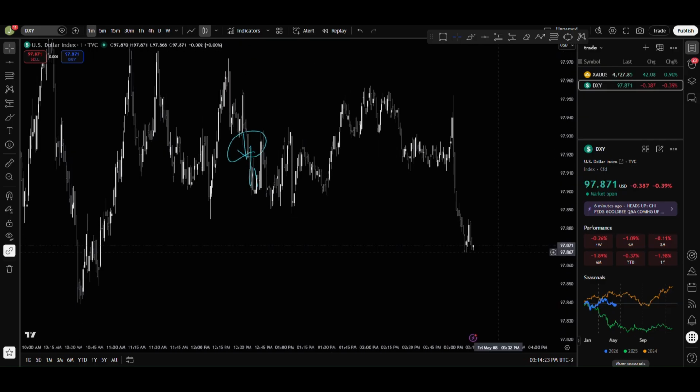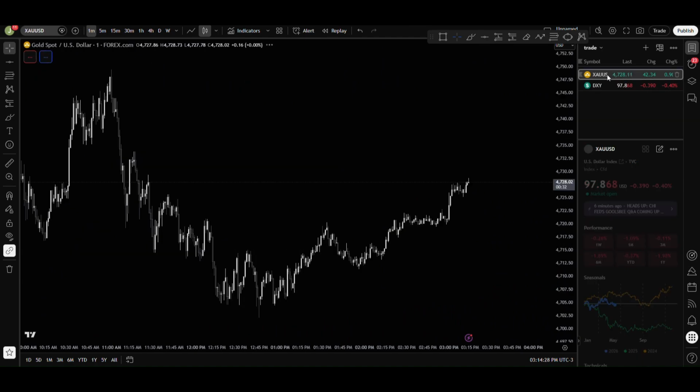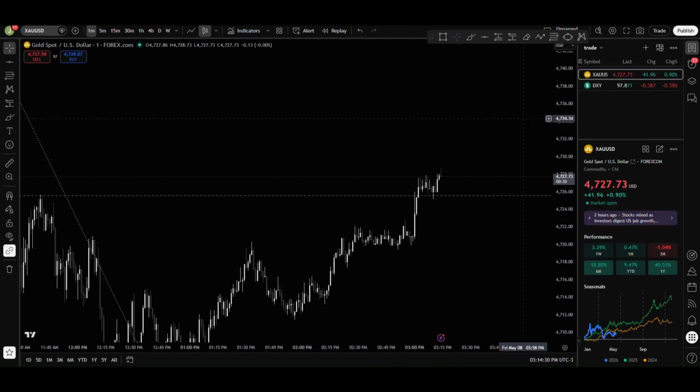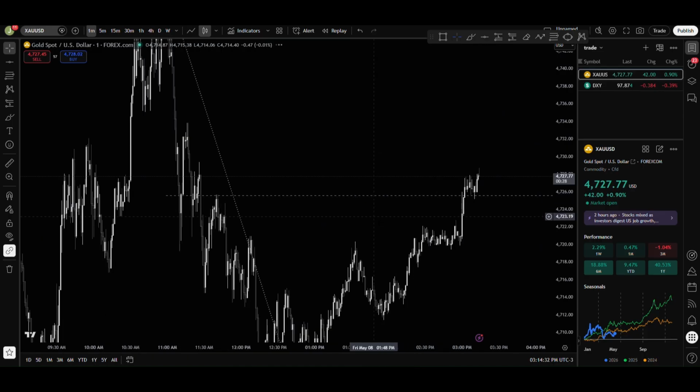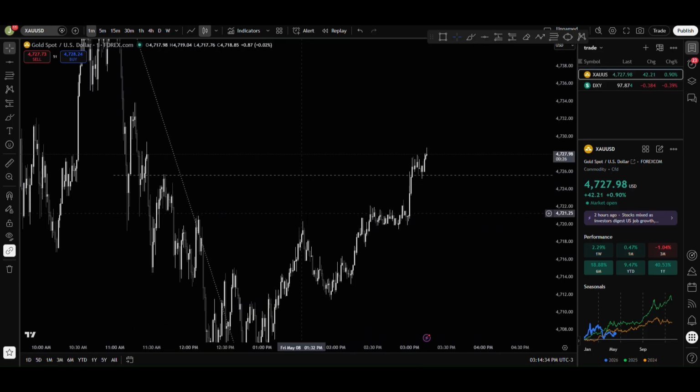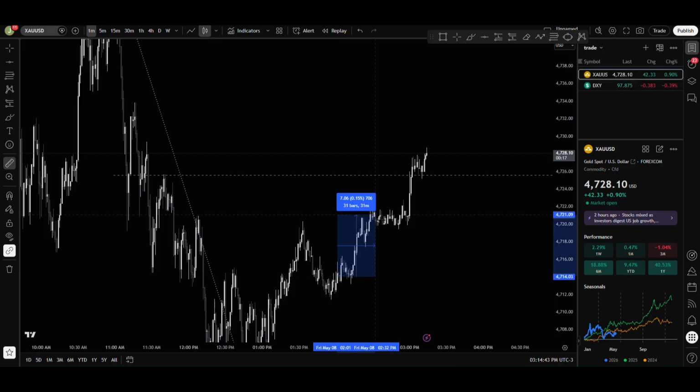DXY is not really reacting the best. What's our frequency? Kind of like a 30 minutes. See, this is kind of like overextended.